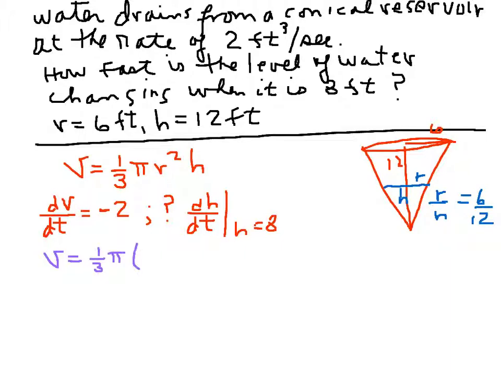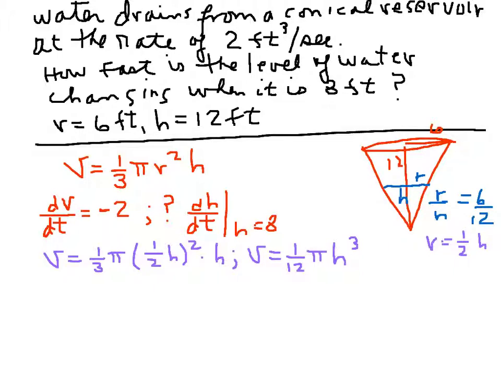Now, what's r? r is equal to 1/2 h, right? So this is 1/2 h squared times h. And if we simplify that, we get that volume, just in terms of h now, is 1/12 pi h cubed.